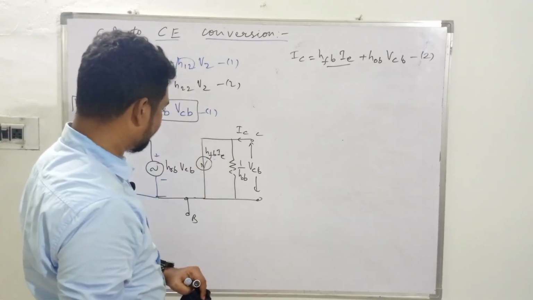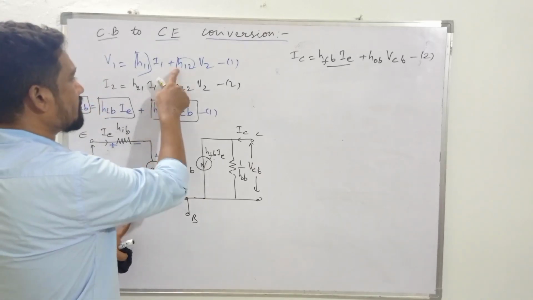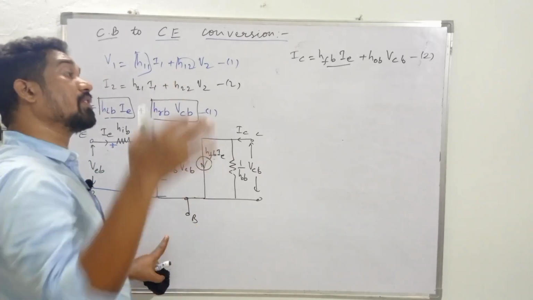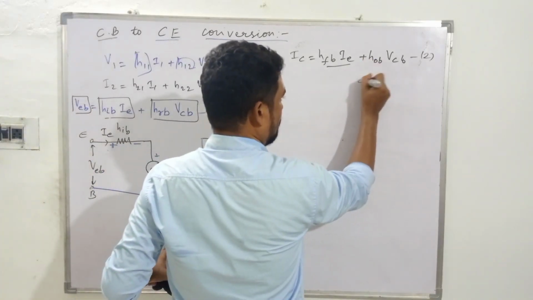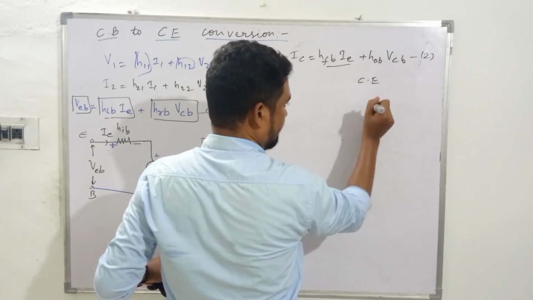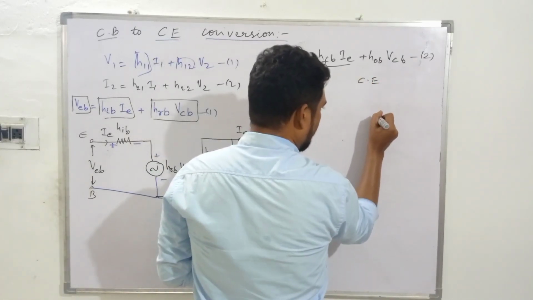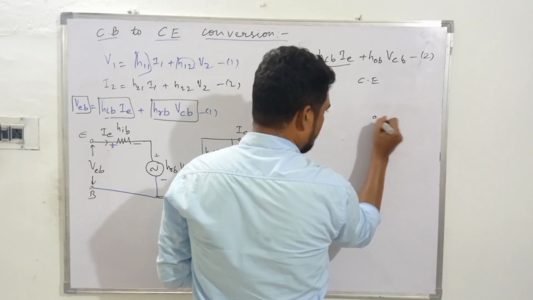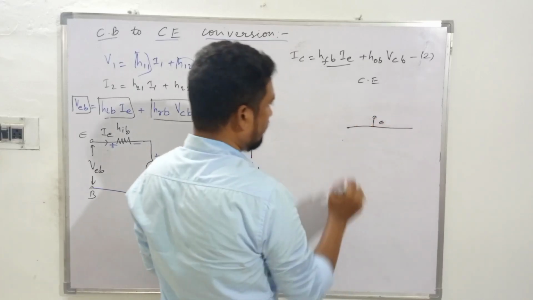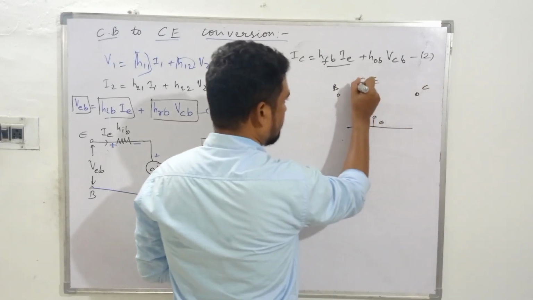On the other hand, if these two equations have to be expressed in common emitter configuration, CE, right? One needs to have an idea. In the common emitter configuration, emitter will be common to both input and output. Input is given to the base and output is collected across the collector for common emitter, isn't it?